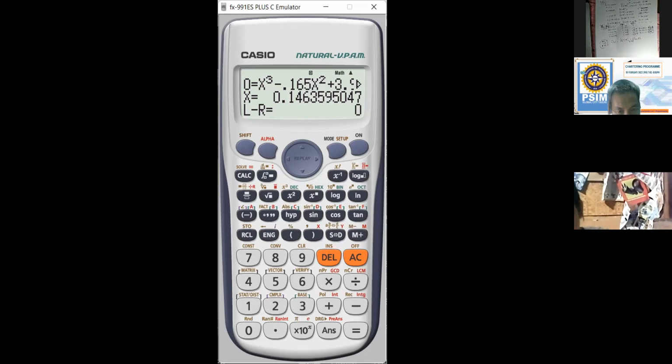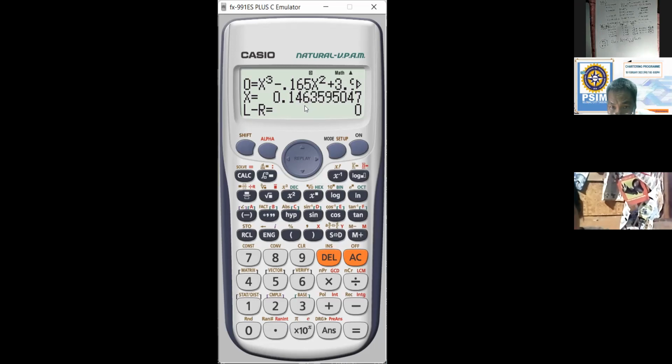Each division is supposed to be 0.02, so divided by 5. 20 divided by 5 is 4. So this is not the correct answer.